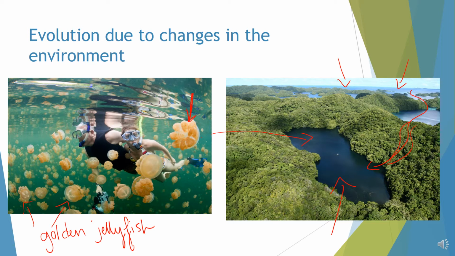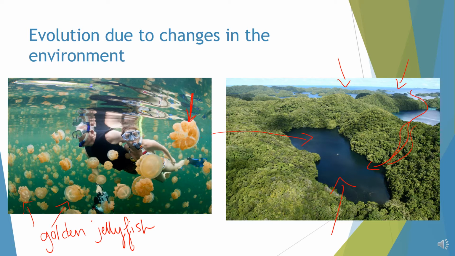And so they no longer have the need to produce these stinging cells or nematocysts because they don't have any predators. So you're just wasting energy at that point making these stinging cells when you're not even going to use them because you don't have any predators. So over many generations, as these jellyfish have reproduced, they've actually lost their stinging cells.